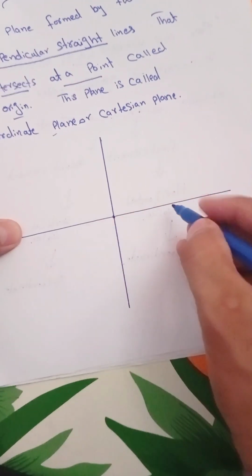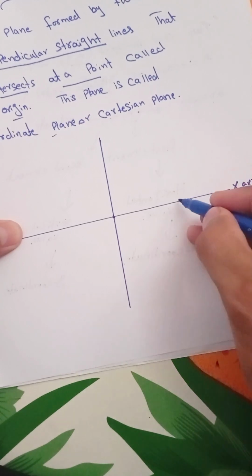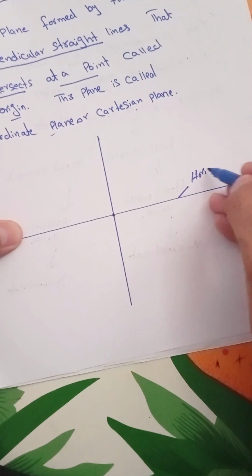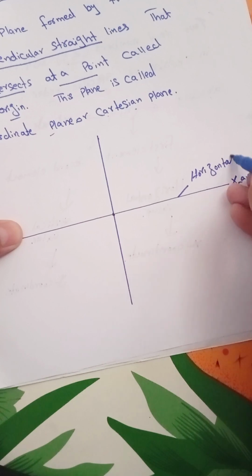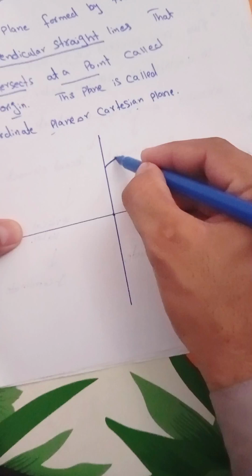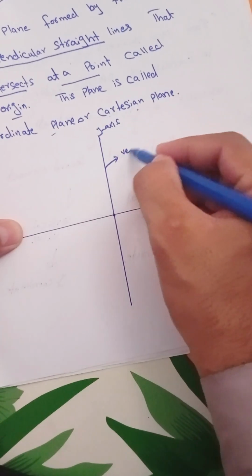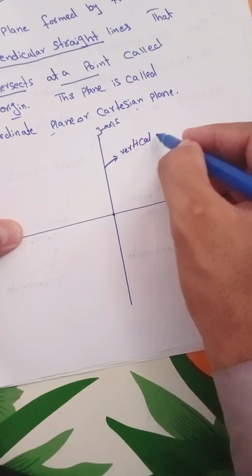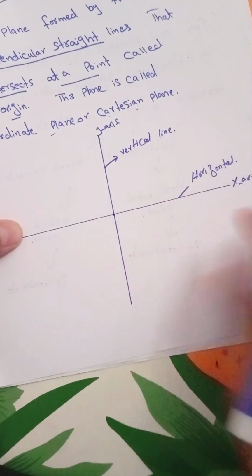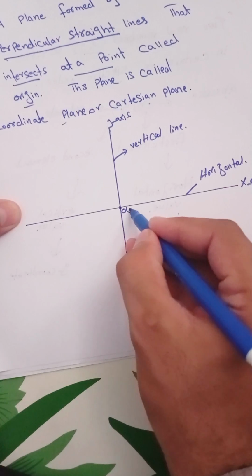One line is the horizontal line called the x-axis, and the other line is a vertical line called the y-axis. And this point is the origin, denoted by O.